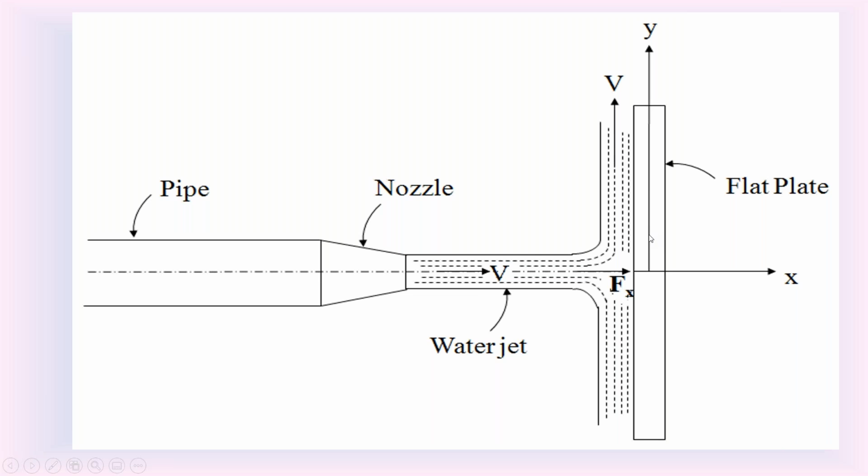But in this impact, the final velocity v is vertical, making an angle of 90 degrees with the horizontal. So the horizontal component of the final velocity v is 0.